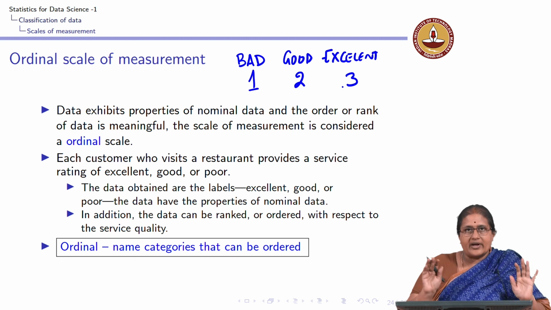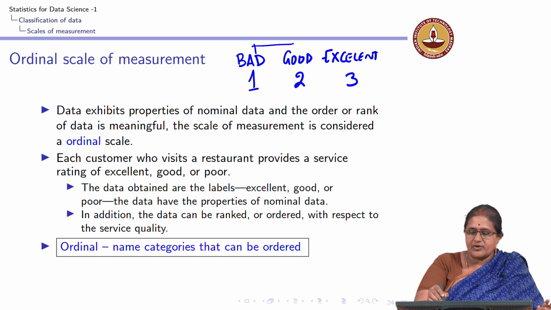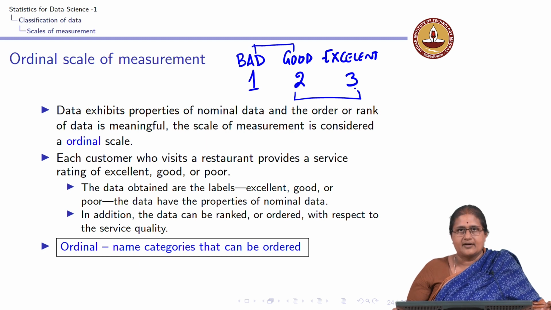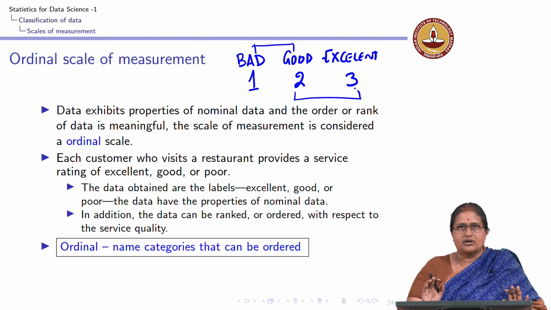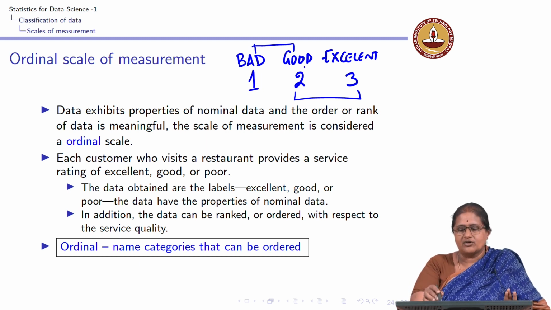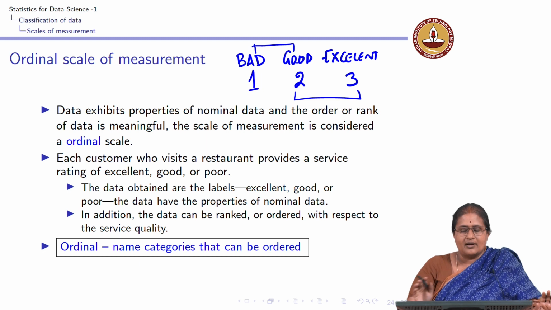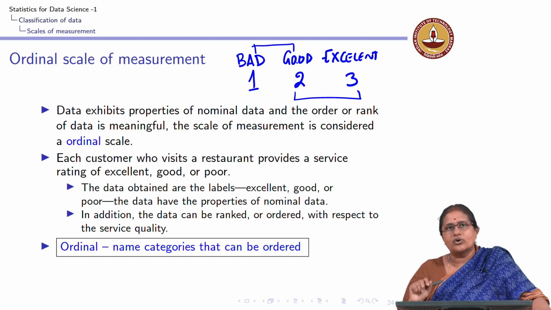But one thing I need to understand here is that the distance between bad and good need not be the same as the distance between good and excellent. It is just an order. I know excellent is better than good, but I cannot say that the difference between good and excellent is the same as the distance between good and bad. I have an order, but at this point I am not able to comment anything more about it.